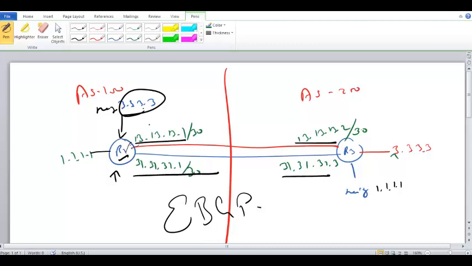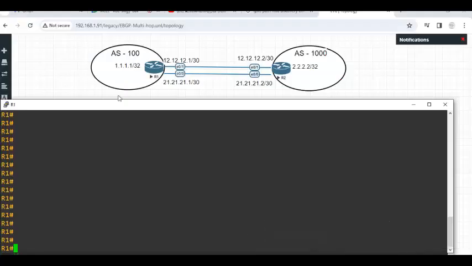So we've got these two autonomous systems. One is autonomous system 100 on the left, 200 on the right. We are planning to form peering using loopback. Before we start that, let me quickly put the IP addresses on the interfaces.